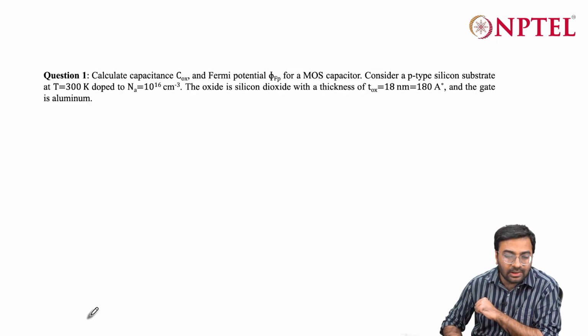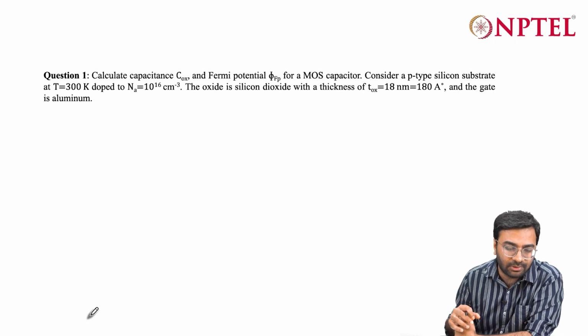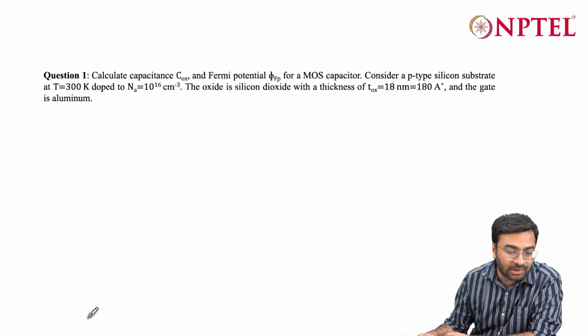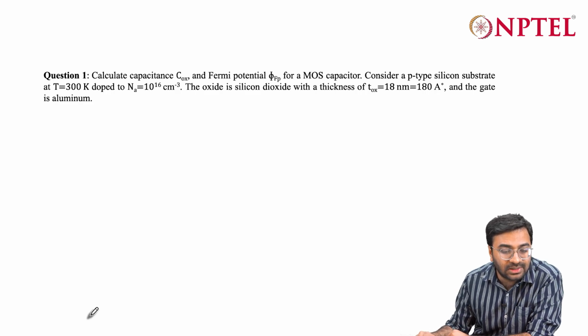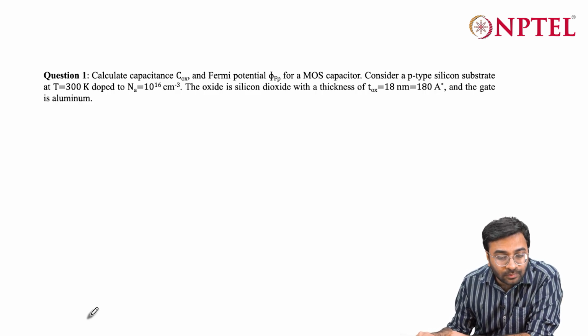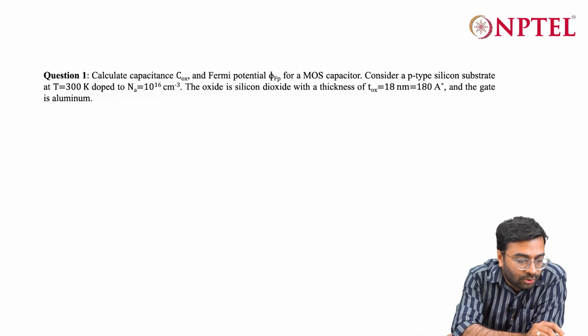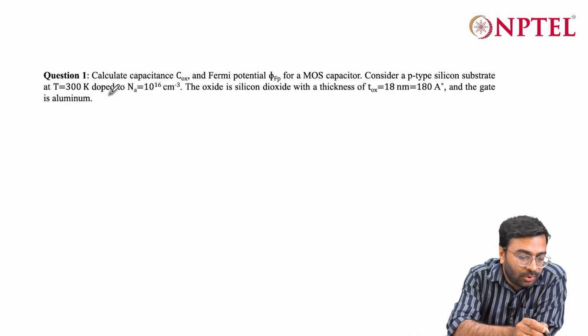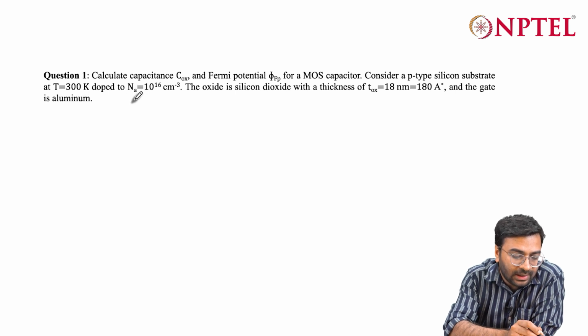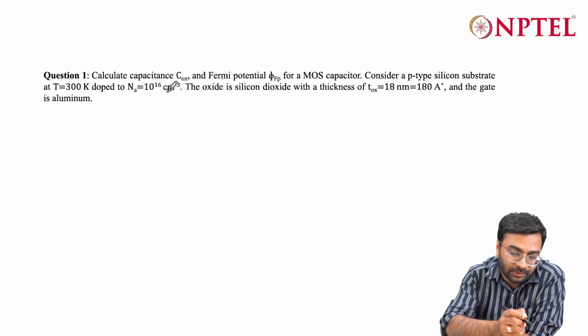So, let us see the first question that we have. The first question is: calculate the capacitance Cox and Fermi potential phi Fp for a MOS capacitor. Consider a p-type silicon substrate at T equal to 300 Kelvin doped to Na equal to 10 to the power 16 per centimeter cube.